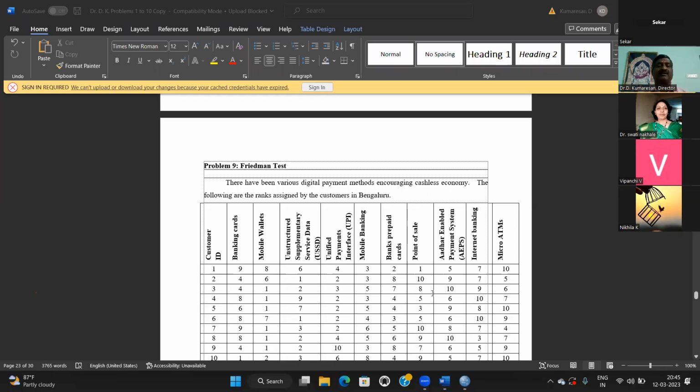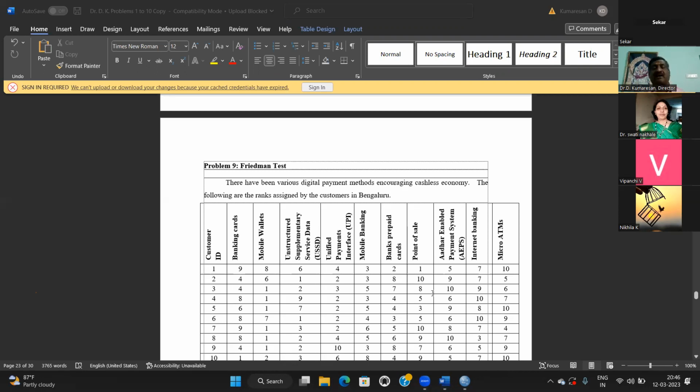Then come to another pair, one-way ANOVA and Kruskal-Wallis test. They are similar. In both cases, the number of samples is more than two. But in the case of one-way ANOVA, the data is scale data.